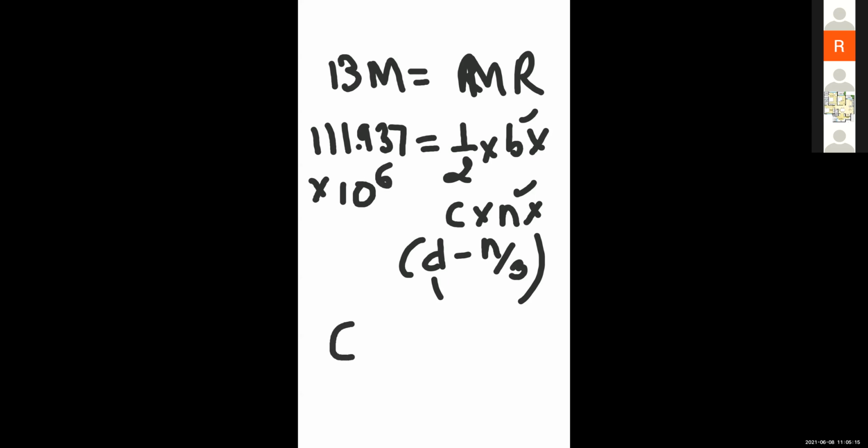After putting all the values, we get C is equivalent to 6.185. C is compressive stress, so 6.185 Newton per mm square.